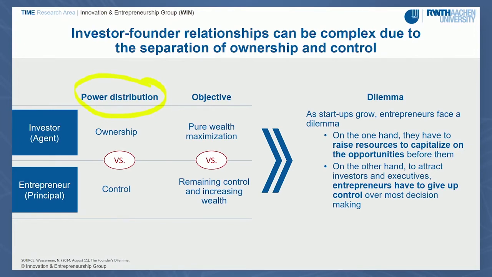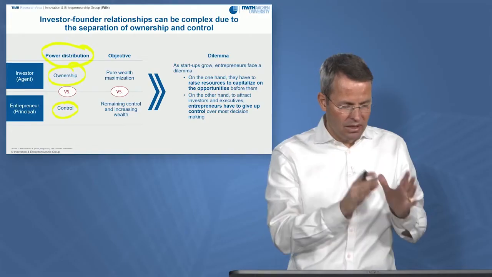If you give away equity, you have to give away control. So ownership is always associated with control. However, there's no equilibrium like the risk return. There's a separation between ownership and control. You can have low ownership, high control, and vice versa. What does it mean?